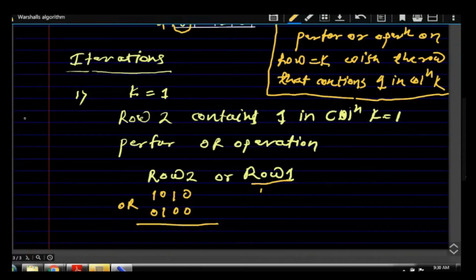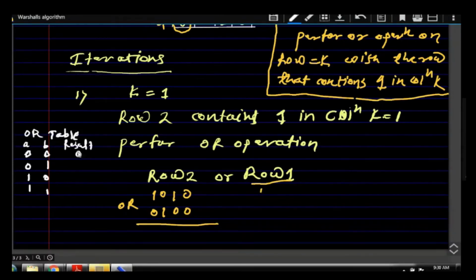So you know the OR table. Let me write this OR table here for you: 0 0, 0 1, 1 0, 1 1. This is input A, this is input B, and this is the result.